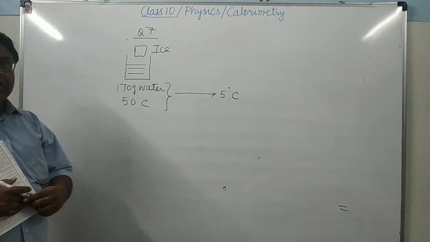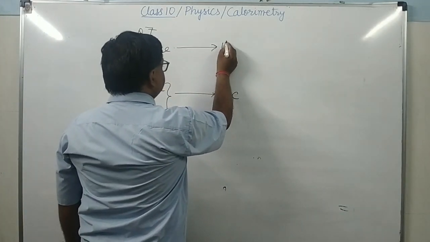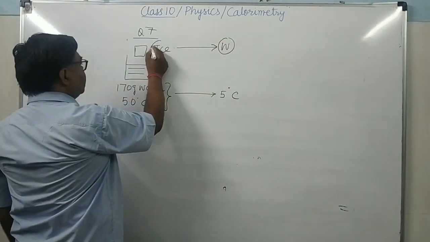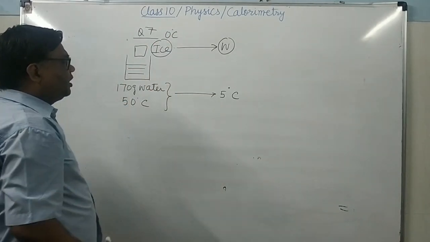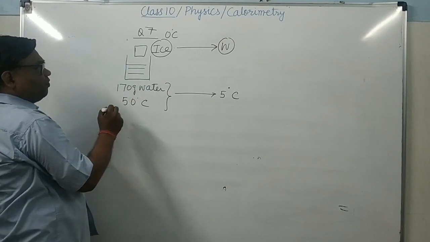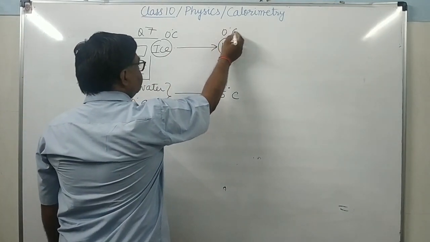By gaining the heat energy, that ice will be changed into what? Water at 0 degrees Celsius. Here this ice is at 0 degrees Celsius. By gaining the heat energy from this water which is at 50 degrees Celsius, it will be changed into water at 0 degrees Celsius.